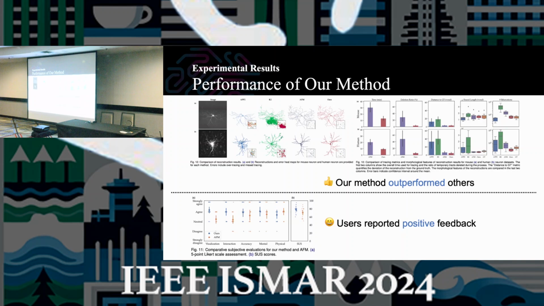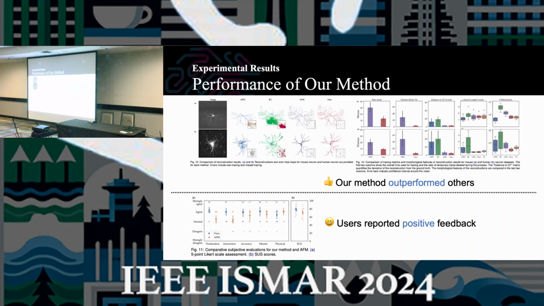In our second study, we compared our method with automatic, following, manual, and other tracing techniques on the mouse and human neuron datasets. Looking at the upper left, we can see that automatic algorithms like APP2 and R2 only perform well in certain regions.